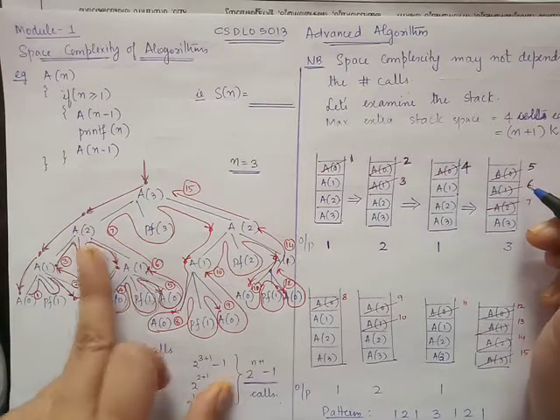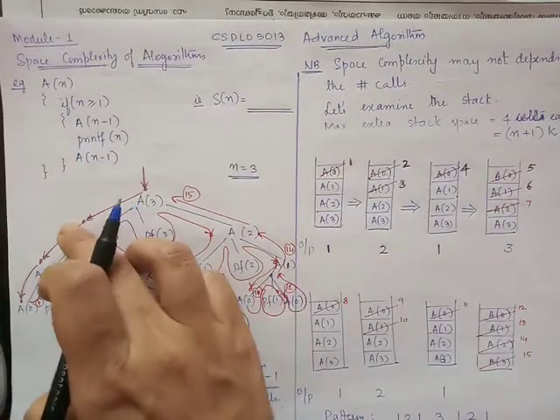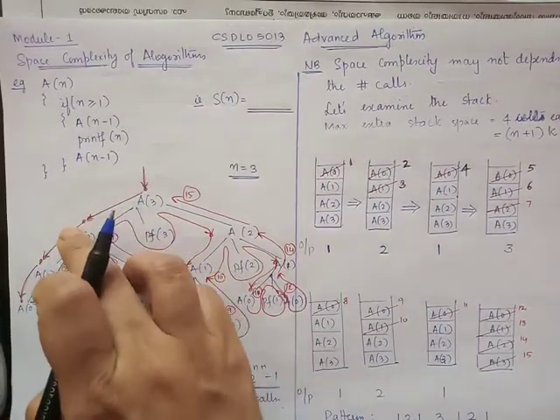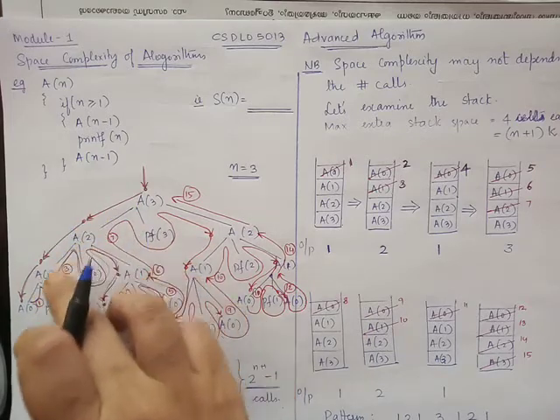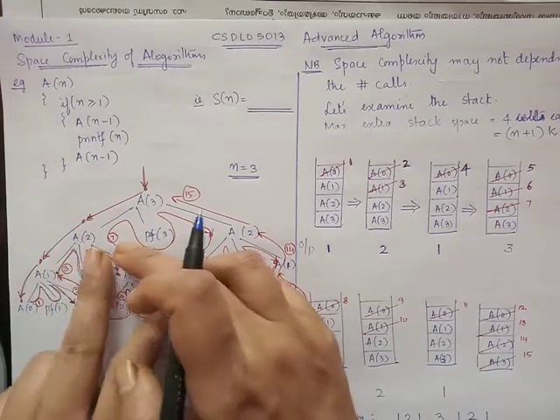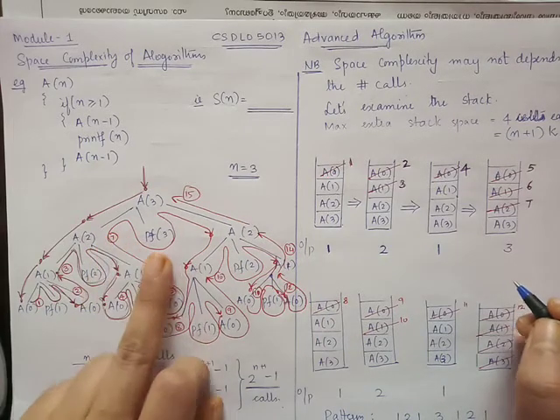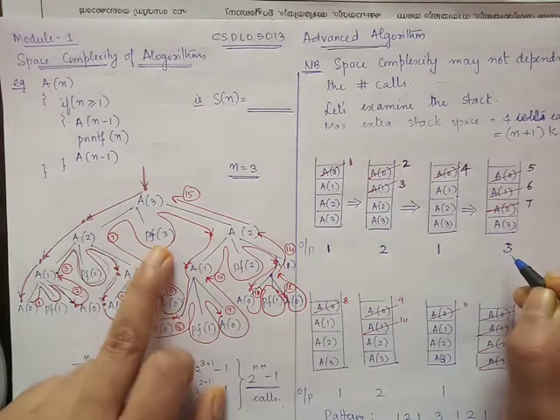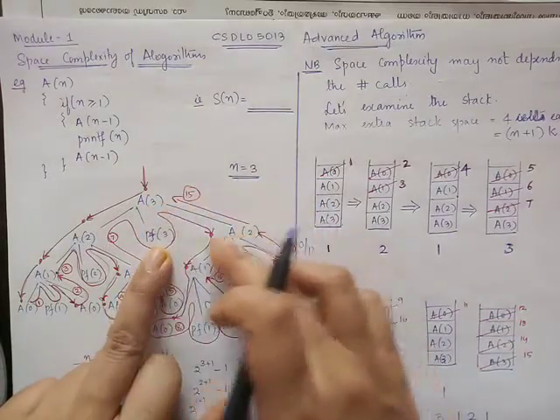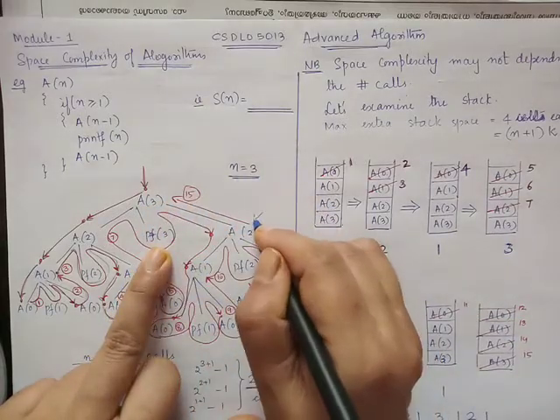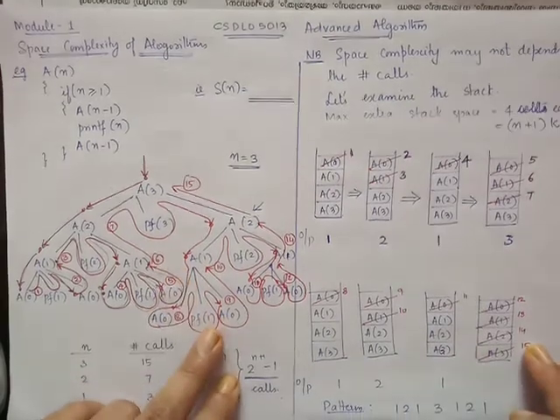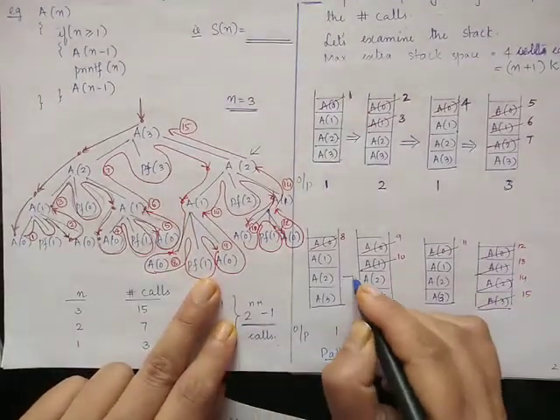So here the subtree associated with A of 2 has been completely explored. So we are proceeding further. We are going to pop it off from the top of the stack and then we print the value 3. Similarly, the rightmost subtree with root A of 2 will again be explored. So you can see what happens further.